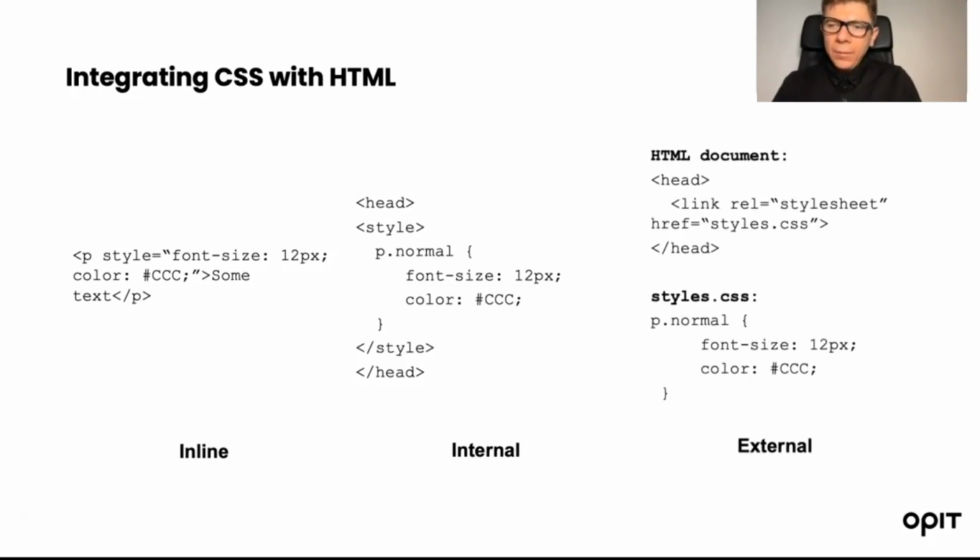We may do the same thing with the use of an external style sheet. Then we just need to add a link to this style sheet in the head section of the document, and in the styles CSS file, we specify the properties of this particular element. So these are the ways in which we may integrate CSS with HTML.